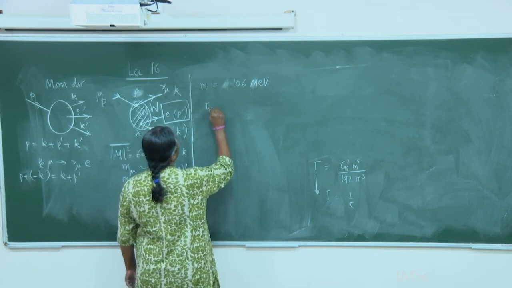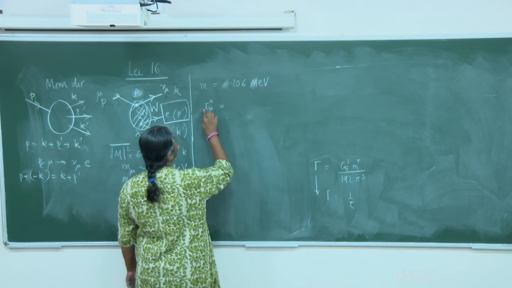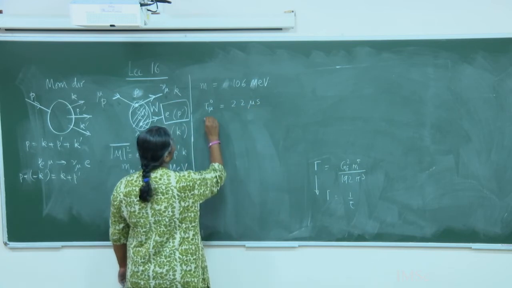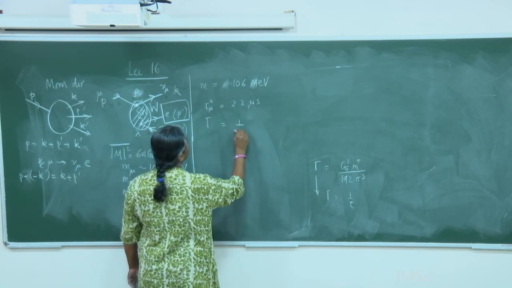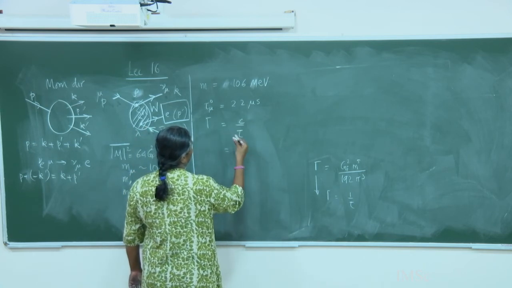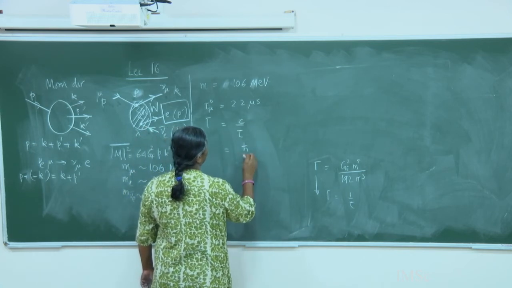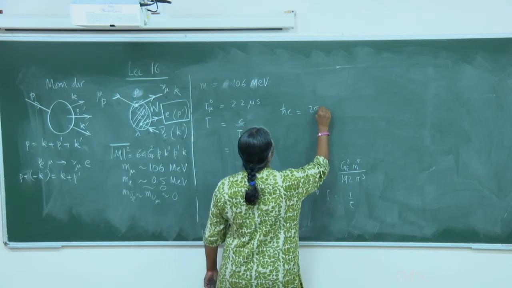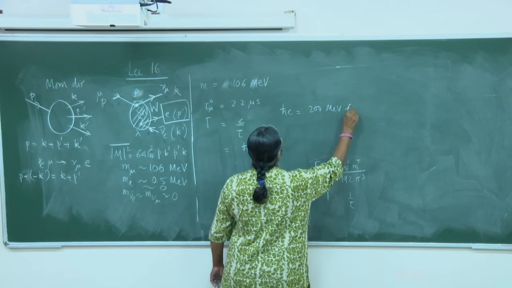We know that the mu lifetime at rest is 2.2 microsecond. And we know that gamma is equal to 1 by tau. Actually it is c by tau, and in fact I can write this as h cross. We know that h cross c is 200 MeV Fermi.